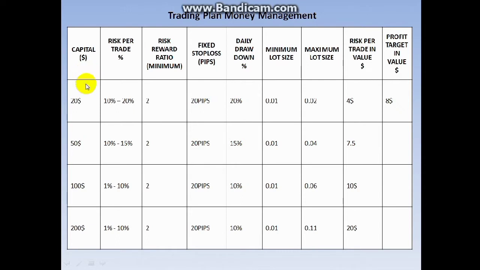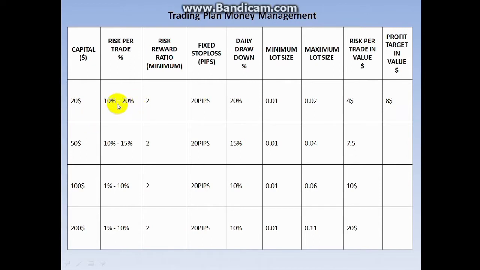The next column we are seeing right now is the risk per trade in percent. Having a low account actually increases your risk per trade.